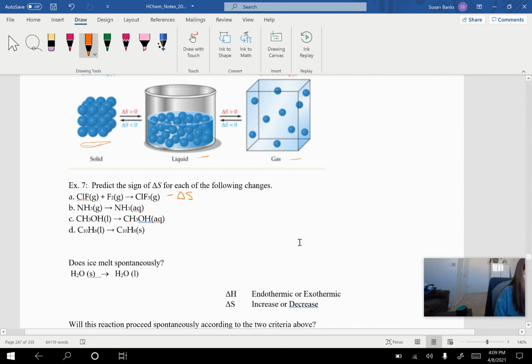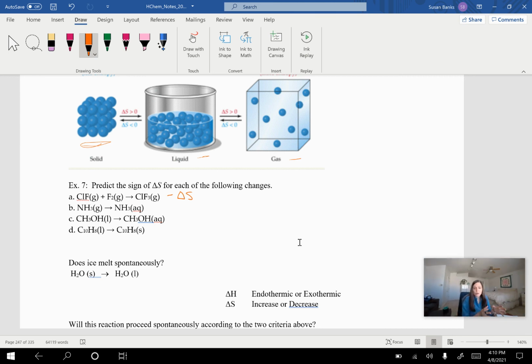Guys ready to check? So B, we have nitrogen gas, and then we have nitrogen dissolved in water. Which is more orderly? This one's kind of tricky. The gas is actually more orderly because once we dissolve that ammonia in water, we actually have 2 types of molecules that are arranged and going around each other. So we are actually creating more chaos by dissolving that ammonia into water because now we don't have pure ammonia.